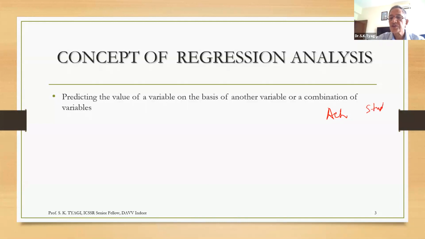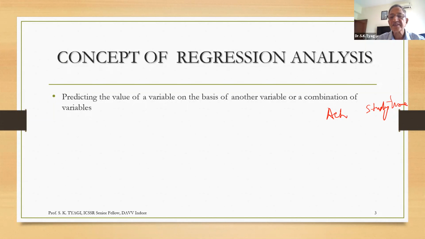We believe the students who study more will achieve more. There is a positive relationship between study hours and achievement. So this way, we are trying to predict achievement with the help of study time. Study time is the predictor and achievement is the dependent variable or the predicted variable.